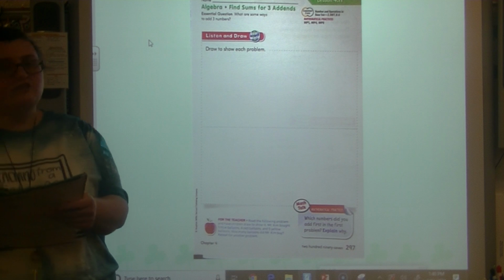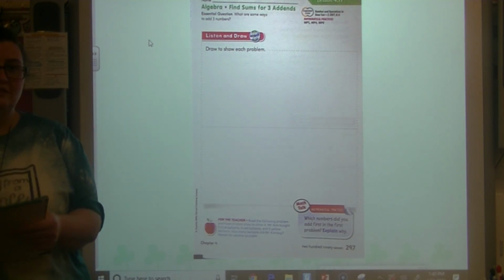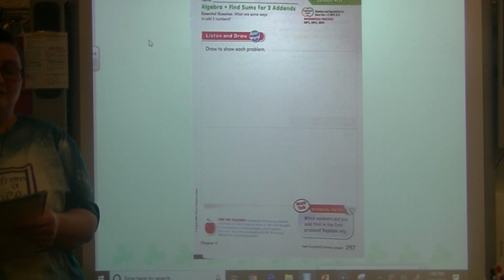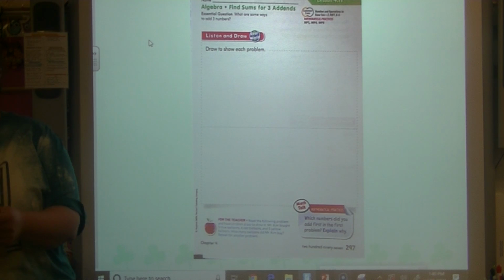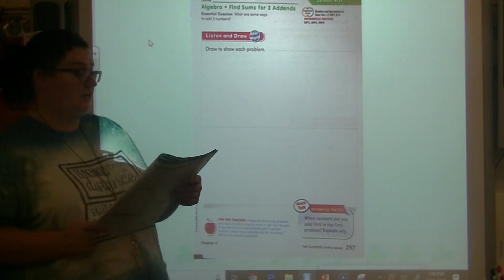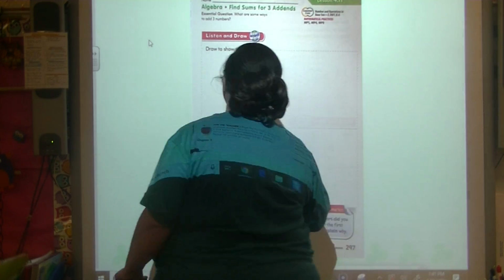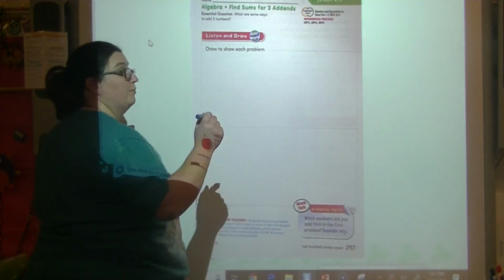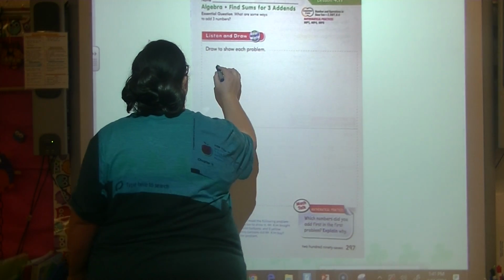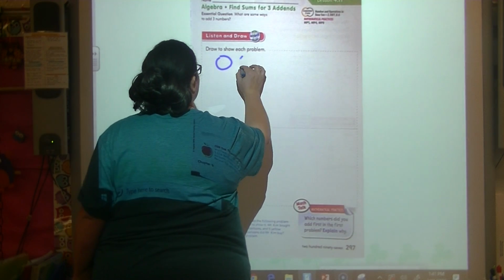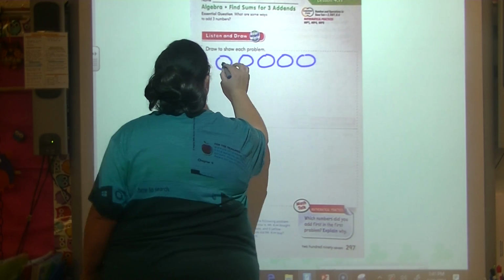All right, what should we do to solve this problem? All right, we could draw a picture. So let's draw a picture. All right, how many blue? I can put a B for blue inside the balloons. All right, there are 5 blue ones. So 1, 2, 3, 4, 5.